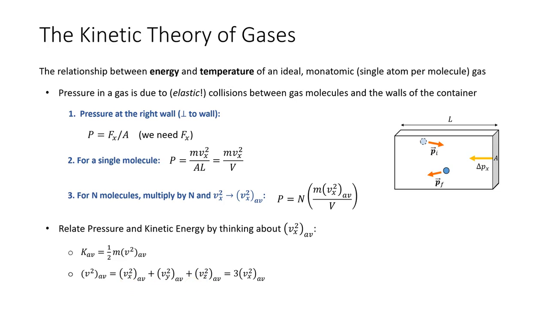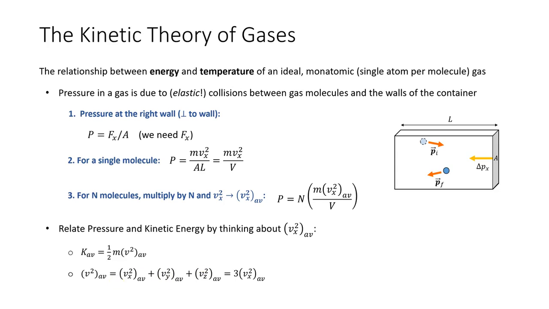All right, and so then the average value of the speed squared is equal to the average value of the x component of the speed squared plus the average value of the y component of the speed squared plus the average value of the z component of the speed squared. Then our last step here for relating to the pressure equation up above is to recognize that there really isn't any reason why the molecules would be traveling faster in the y direction than the z direction, or the z direction than the x direction.